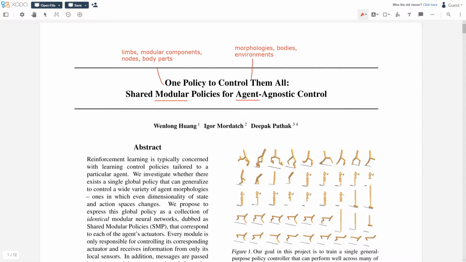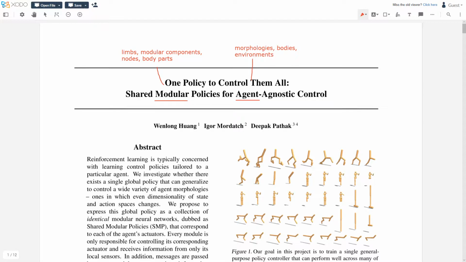There are several similar words and phrases in the paper that mean basically the same thing. Modules, limbs, modular components, nodes, and they all mean the body part. And the agent here means the body.